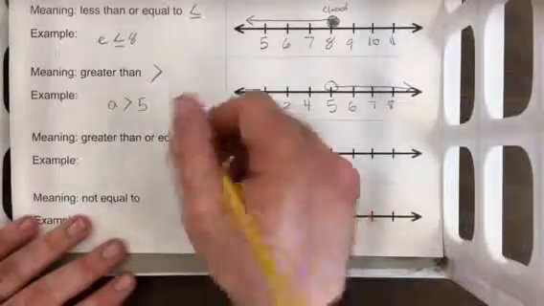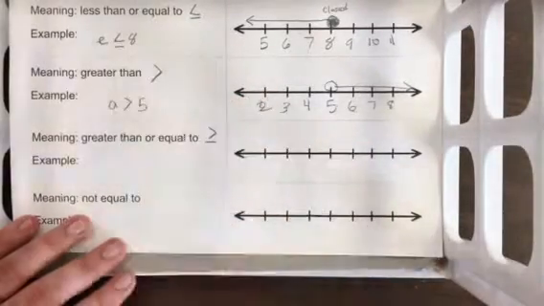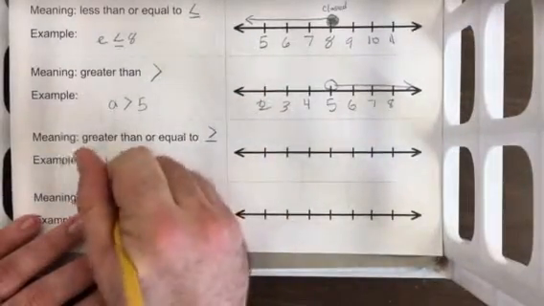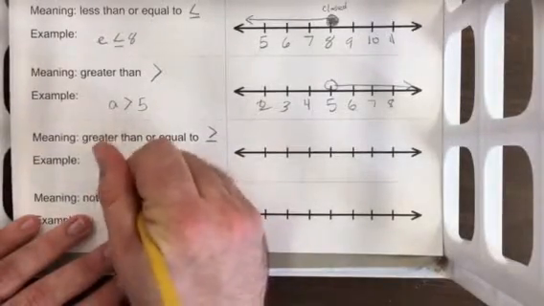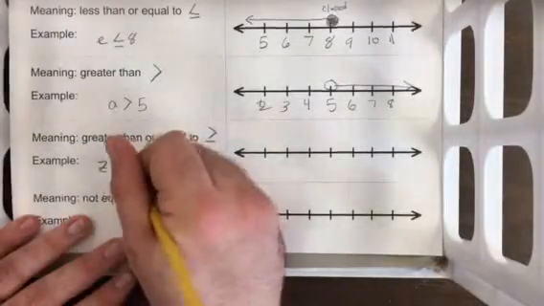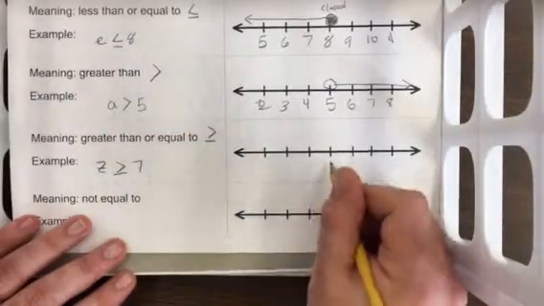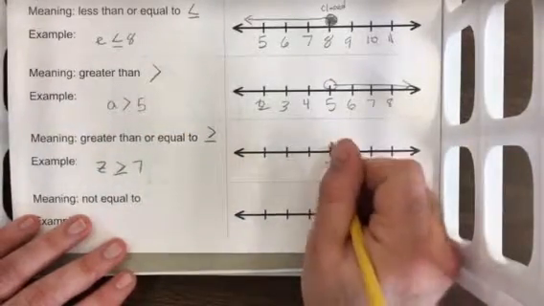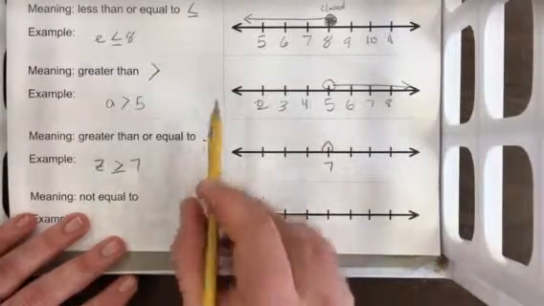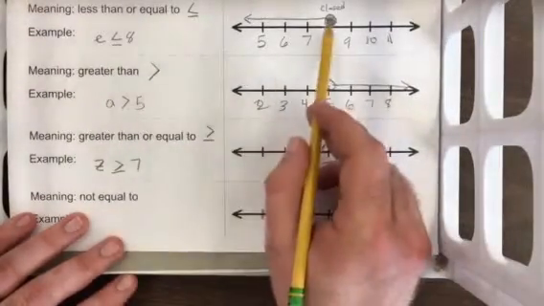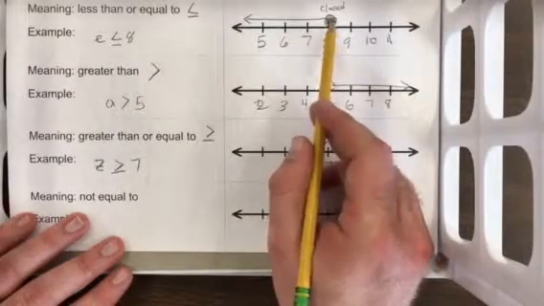Let's take greater than or equal to. So that looks like this. And let's say I have the example Z is greater than or equal to 7. Again, I'm going to start with 7 in the middle. I'm going to put a circle. But now, since it's greater than or equal to, just like up here when it was less than or equal to, what did I do with the circle? I colored it in, I shaded it in.